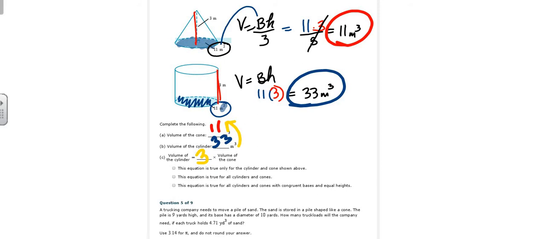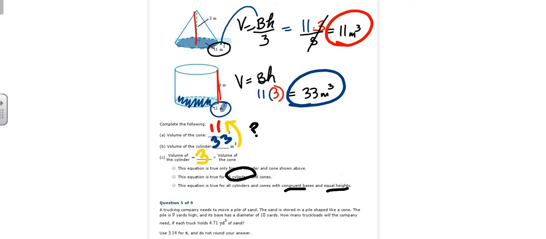And ask yourself, under what circumstance is this true? Is it only true for this cylinder and cone? Is it true for all cylinders or cones? Or is it true for cylinders and cones with congruent bases and equal heights?